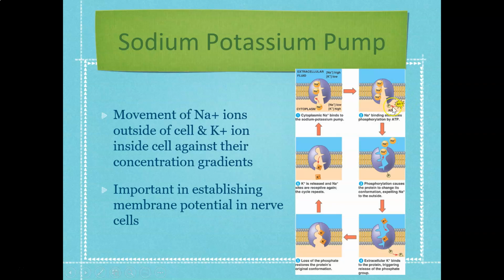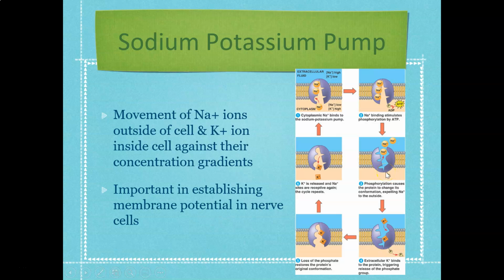Essentially, we do a hydrolyzing chemical reaction. So water comes in, we pop off that phosphate, and that excess energy that gets released as a result of the removal of that phosphate from ATP, we can then use to phosphorylate that protein.